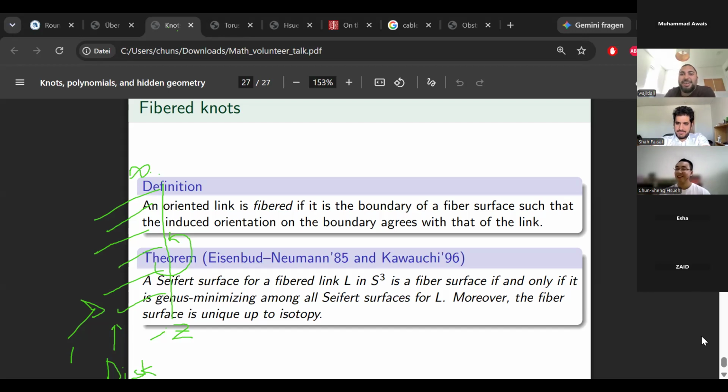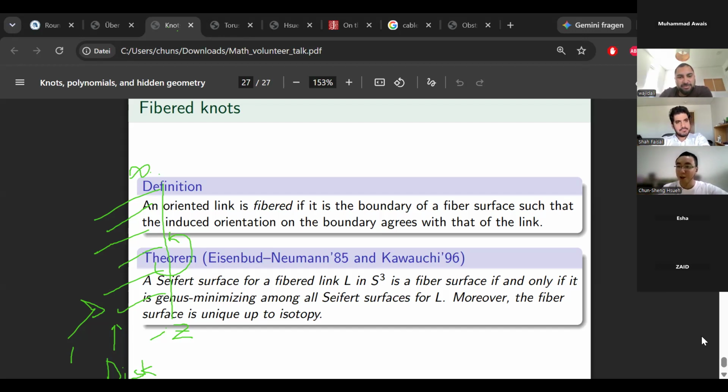In general, canonical means different things in different settings. We have Seifert's algorithm, where you give me a knot diagram, and I build you a surface whose boundary is the knot you gave me.